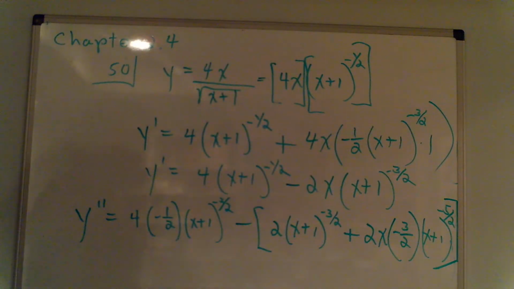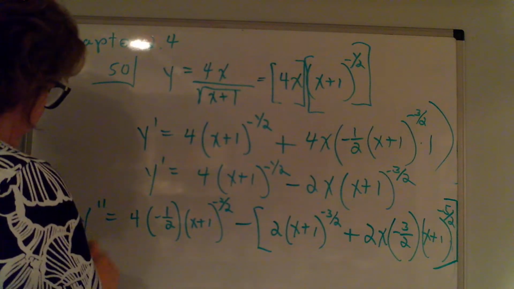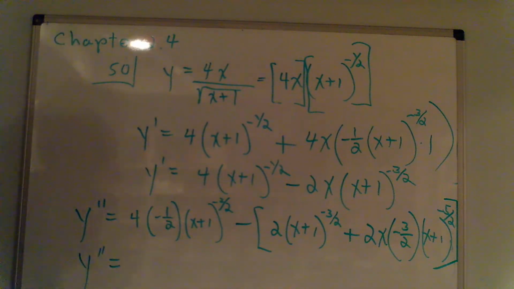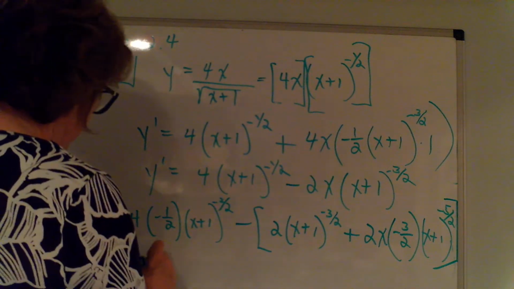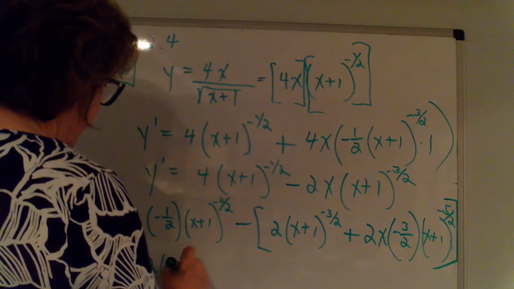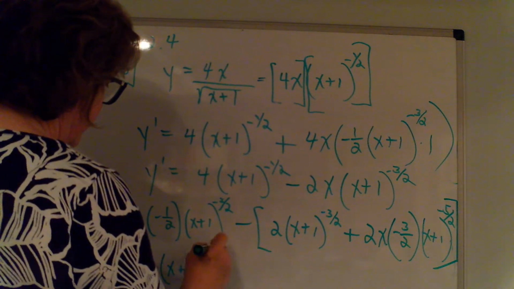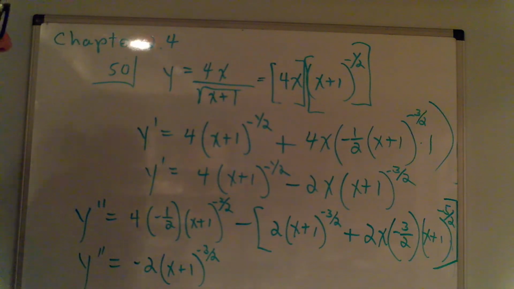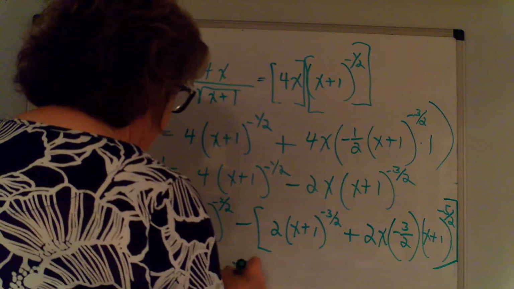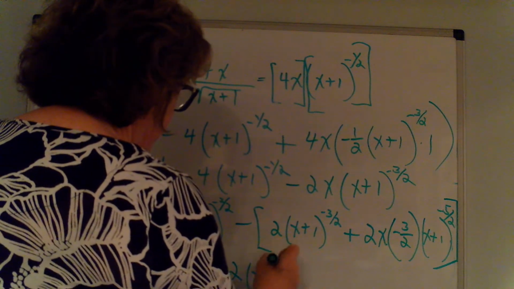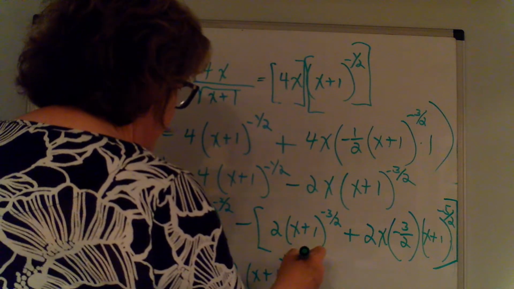Okay. We can clean it up a little bit. Okay, so 4 times negative 1/2 is negative 2. So we could do that. Then we could distribute this negative. So we'd have minus 2 x plus 1 to the negative 3/2.